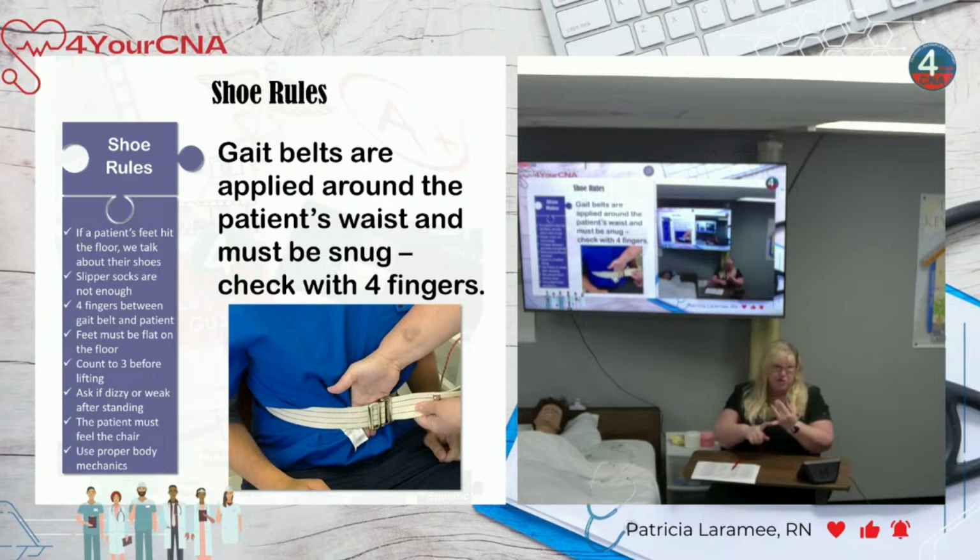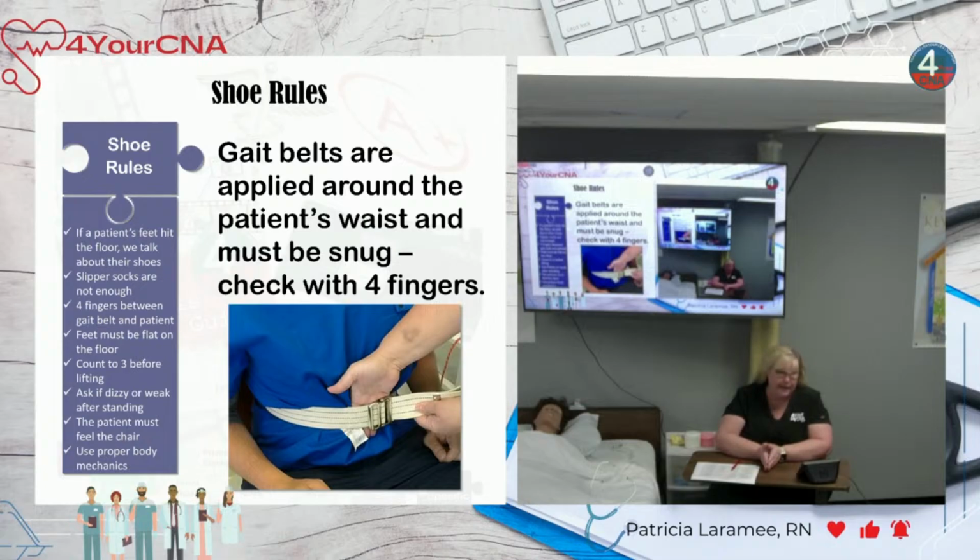Making sure they have shoes on, feet are flat on the floor, gait belt is on appropriately. Have them put their hands on your shoulders, lift into a standing position. All of that is exactly the same. What's different is that we're not walking anywhere because this care plan tells us the patient can stand with support but cannot take steps.